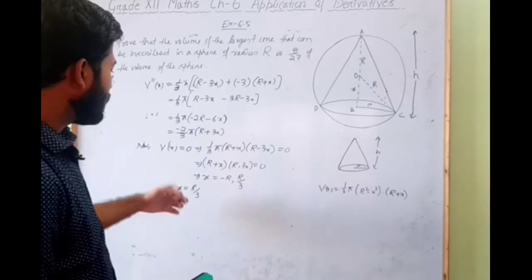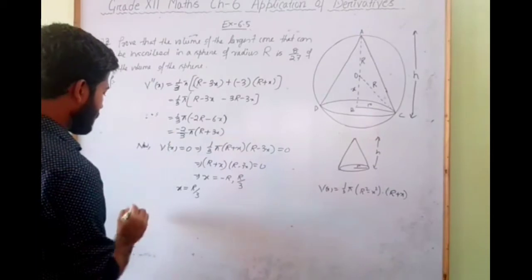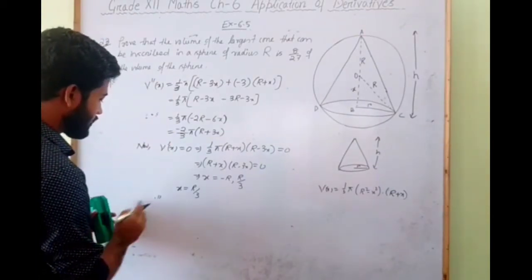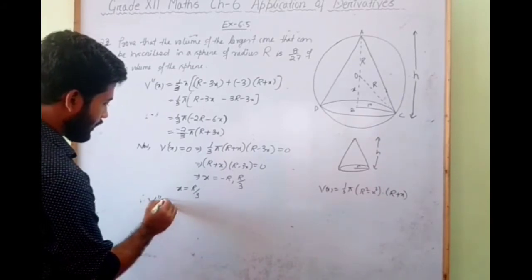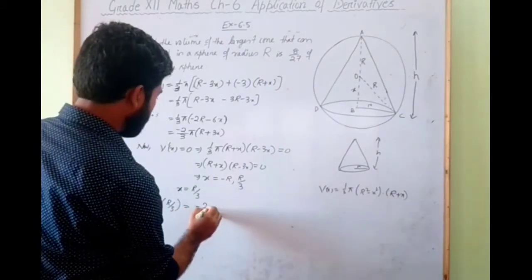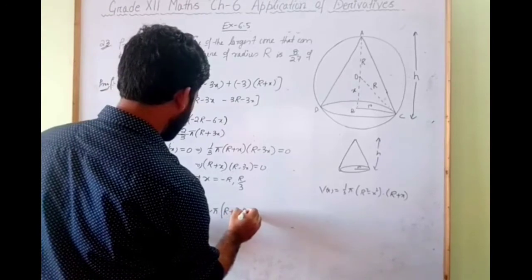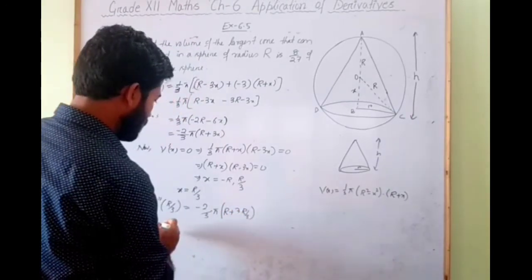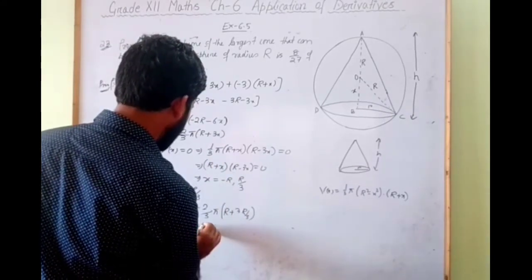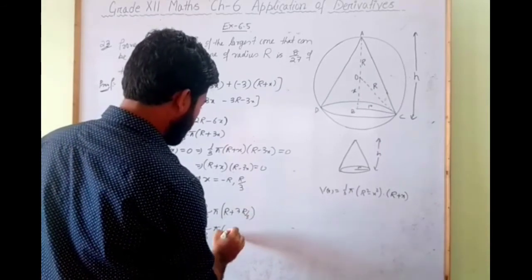Now we need to find the second derivative at this point. So our second derivative is this, therefore V'' at the point r/3 gives us what? -2/3 pi r + 3 into r/3. So this will be -2/3 pi times 3r, which is twice r.